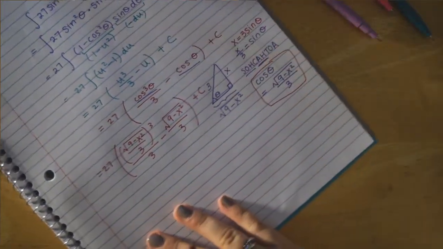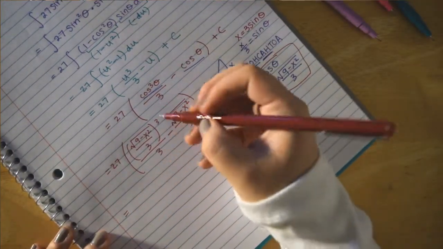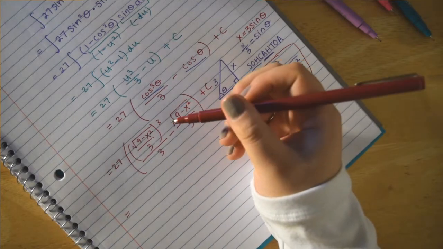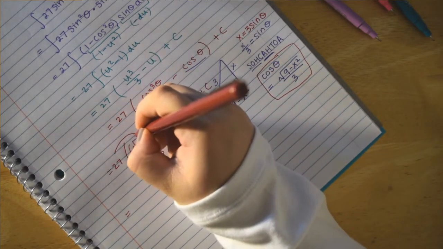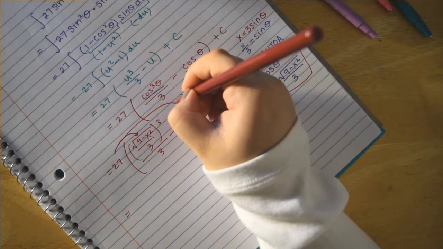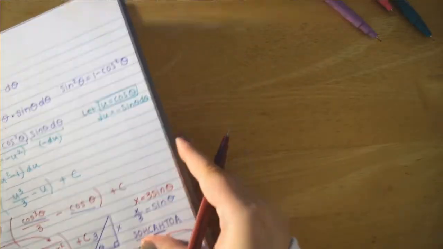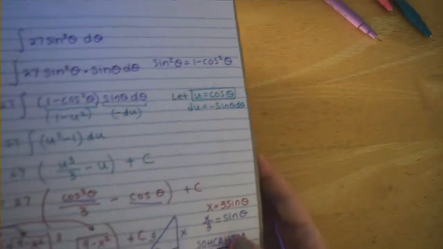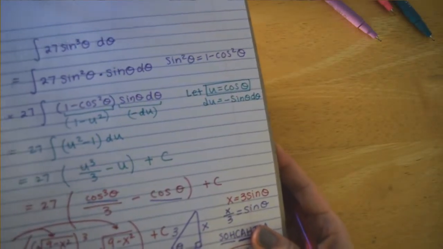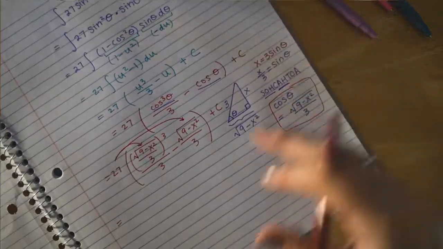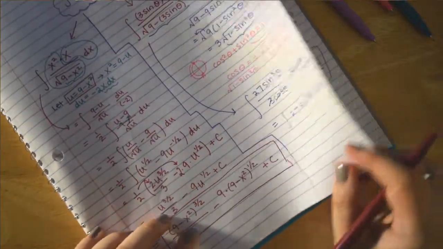So now we're just going to clean it up. There's a bit of algebra work. I'm going to distribute this 27 back in just to make sure that we match with the other method, the U-substitution method. So I'm going to try and write it in the exact same form, or at least something similar, just to make sure that we got the same answer.